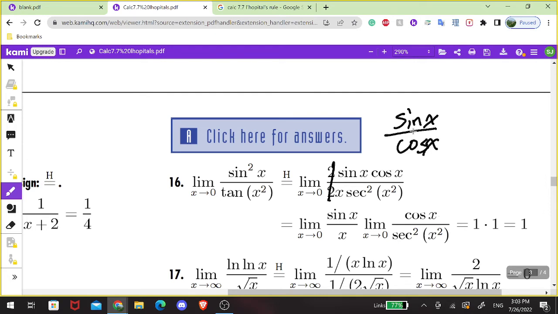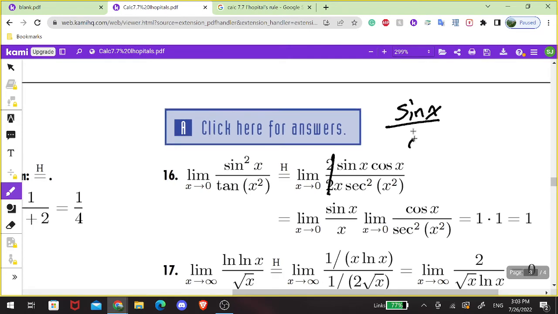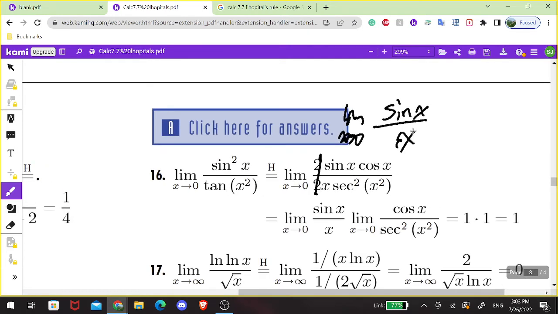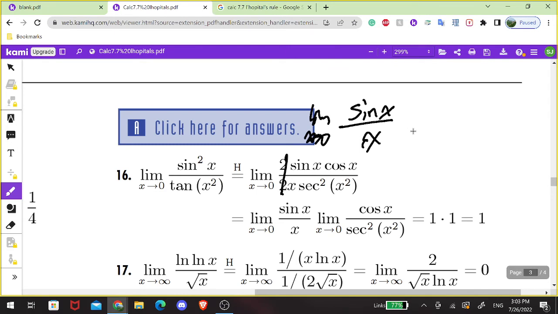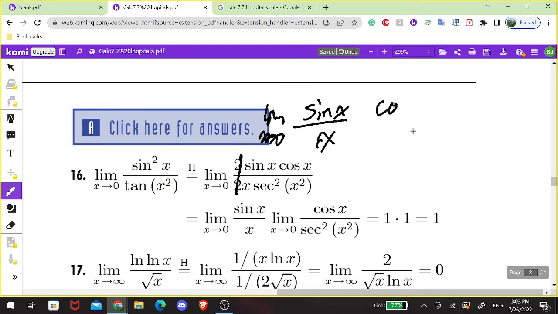Sin x over x, when you have the limit as x approaches 0 of this, sin x is 0, x is also 0, so L'Hopital applies. Derivative of sin x is cosine x, derivative of x is 1, so cosine of 0 is 1, 1 over 1 is equal to 1. So that's why these two cancel each other out. Sin x divided by x is just 1, like what we did over here.